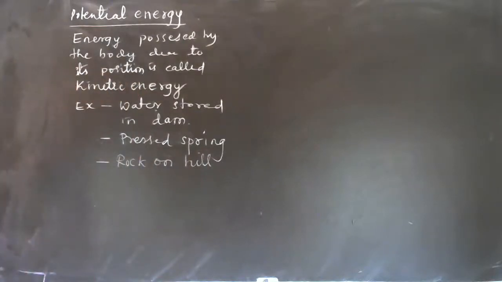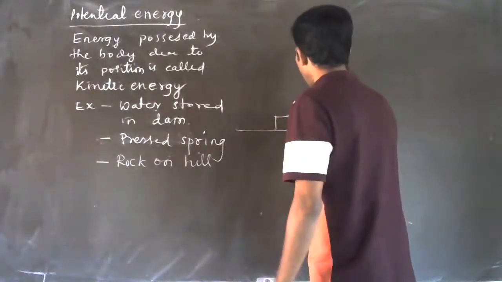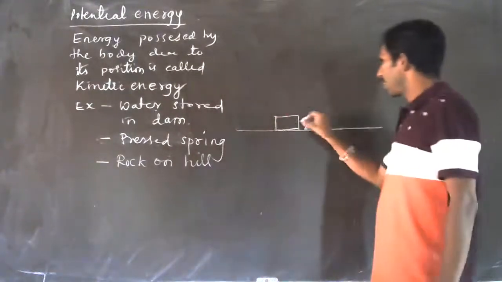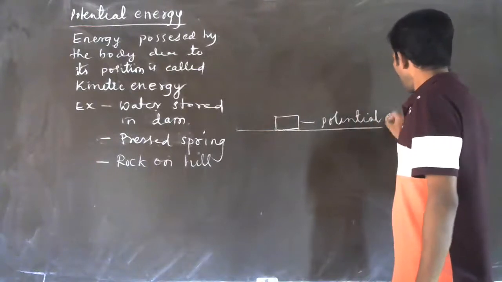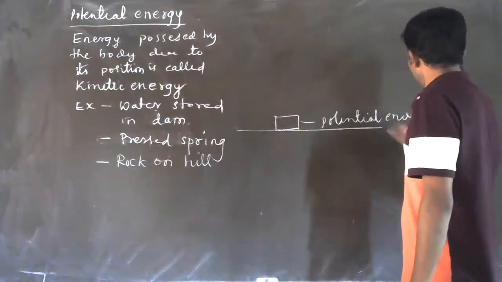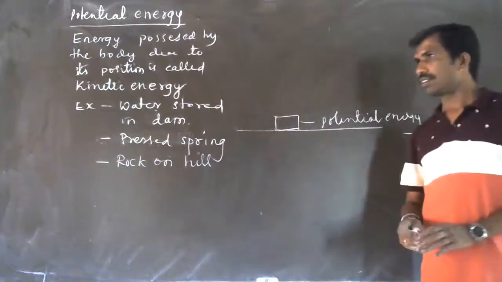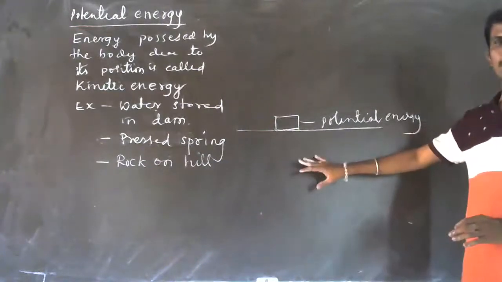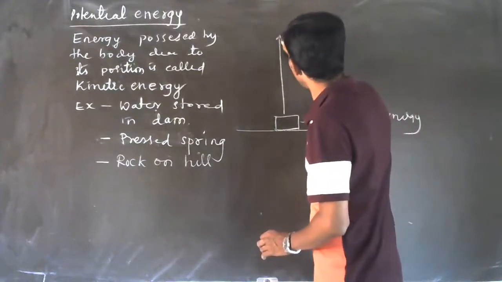Like when an object is kept on the floor, the energy is zero, because potential energy depends on its position. If you change its position, this is the A position, this is the B position.